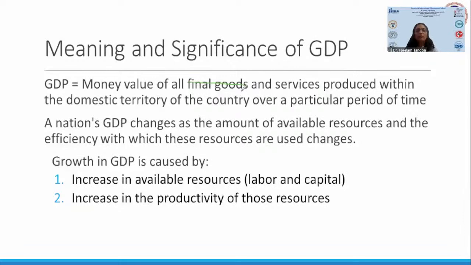GDP is the money value of all final goods and services produced in the domestic territory of the country during a year or over a period of time. So this is about GDP.